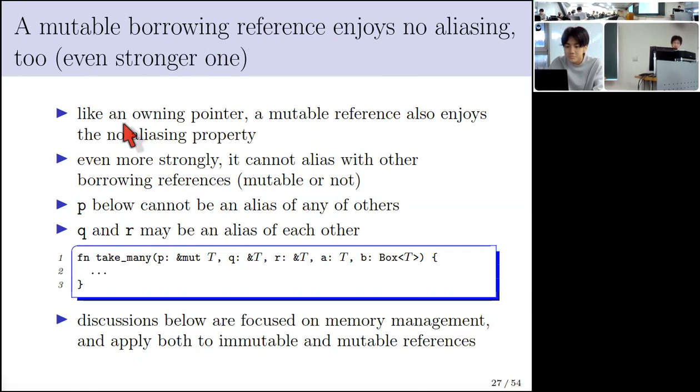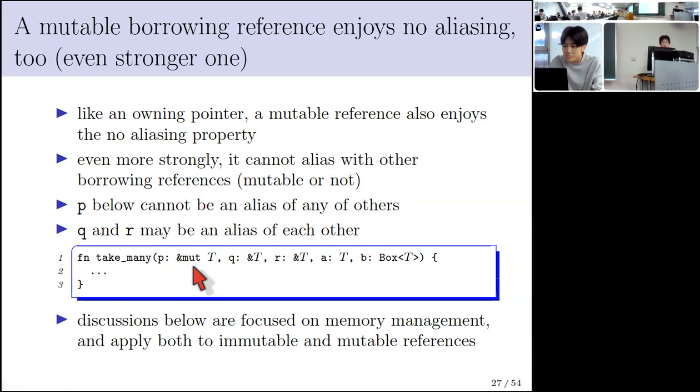Like an owning pointer, a mutable reference also enjoys the no aliasing property. And if you follow the rule stated in the last slide, it is actually even stronger. It cannot alias with other borrowing references.